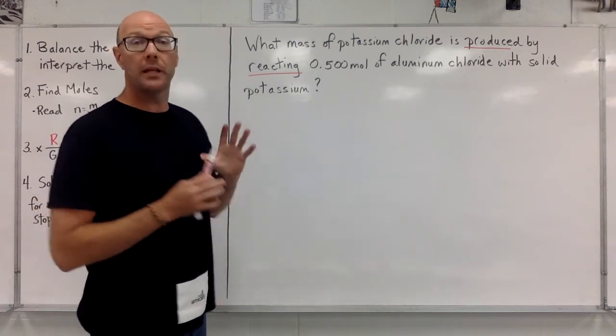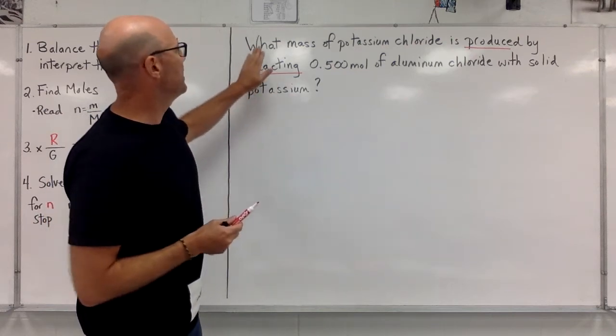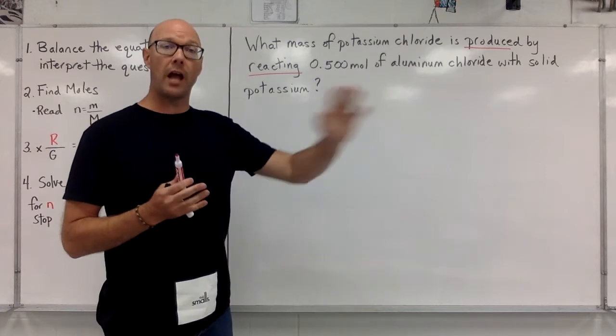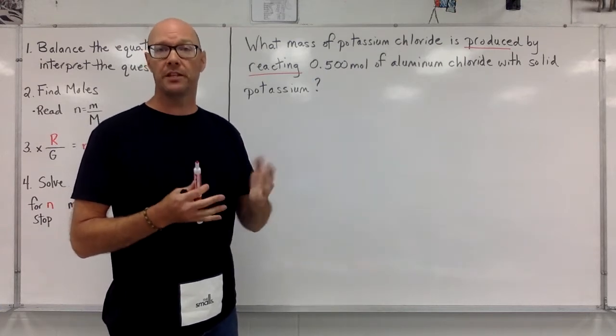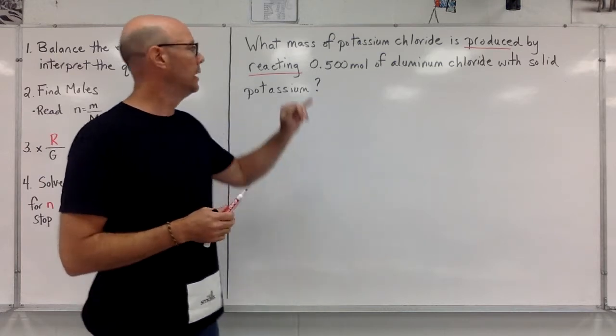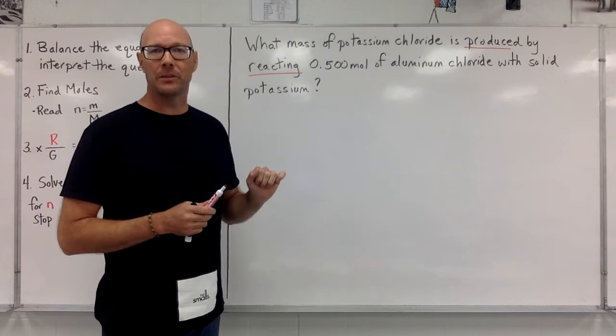Then we can reread the question focusing on those key words. This says potassium chloride is produced. That lets us know that after the arrow, we're going to have potassium chloride. And it was produced by reacting aluminum chloride with solid potassium.